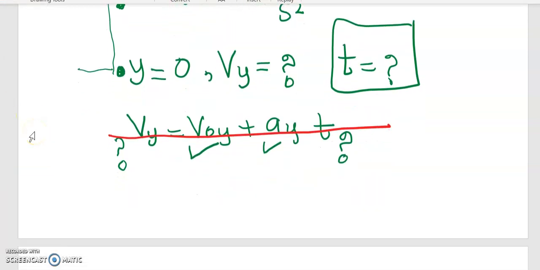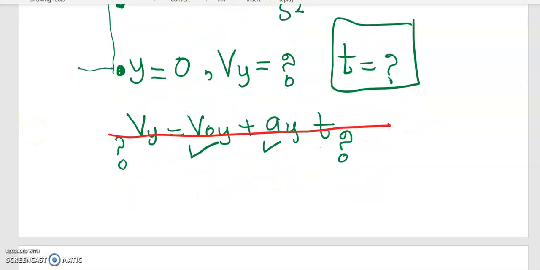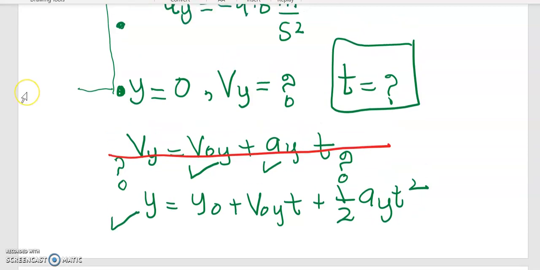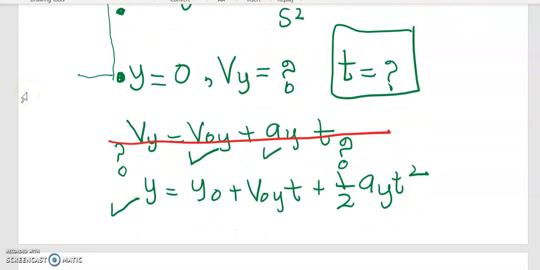Let's write down the second equation now. We have y is equal to y naught plus v naught y t plus half a y t squared. I do know the final y position. It's 0 because it reached the ground. And initial y position is equal to 1.5 meters.